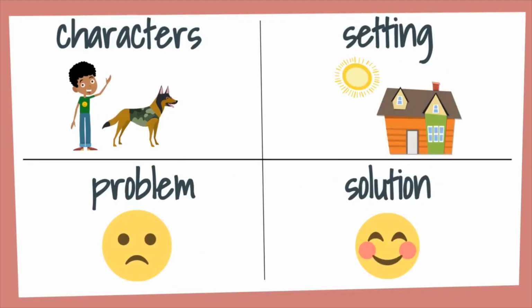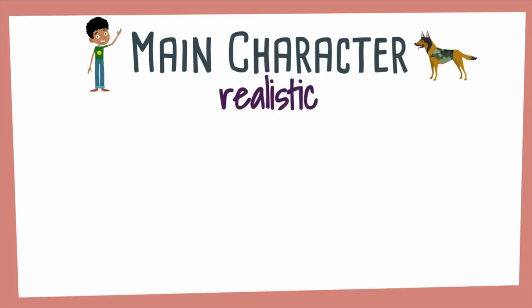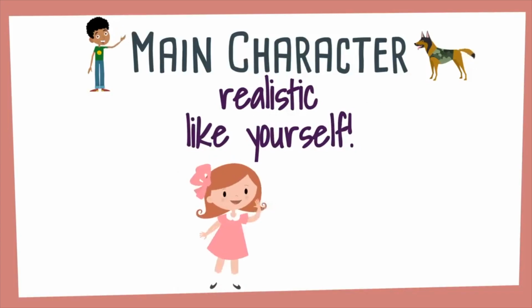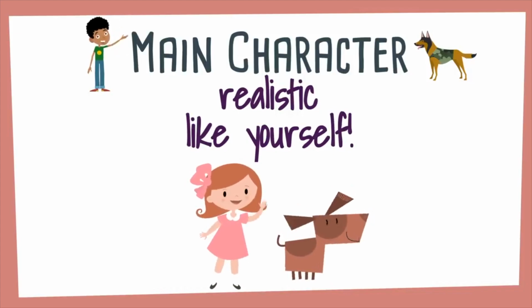Then we will add more details when we actually start writing the story later. So first, I need to think about the main character in my story. Characters are the people and animals in a story. Remember, the characters should be realistic. Sometimes it helps to make the character kind of like yourself. I think I will write about a little girl and her dog. I will name them Mary and Sam.